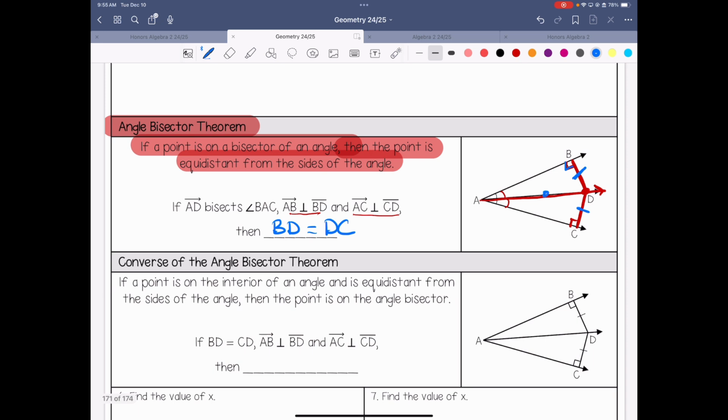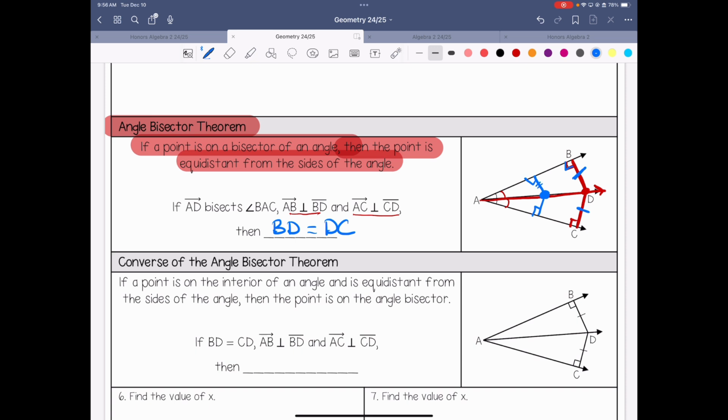And again, I can pick any point on this angle bisector, just like I could on that perpendicular bisector. But now, when we draw it, these have to be perpendicular. If they're not perpendicular, this does not work.